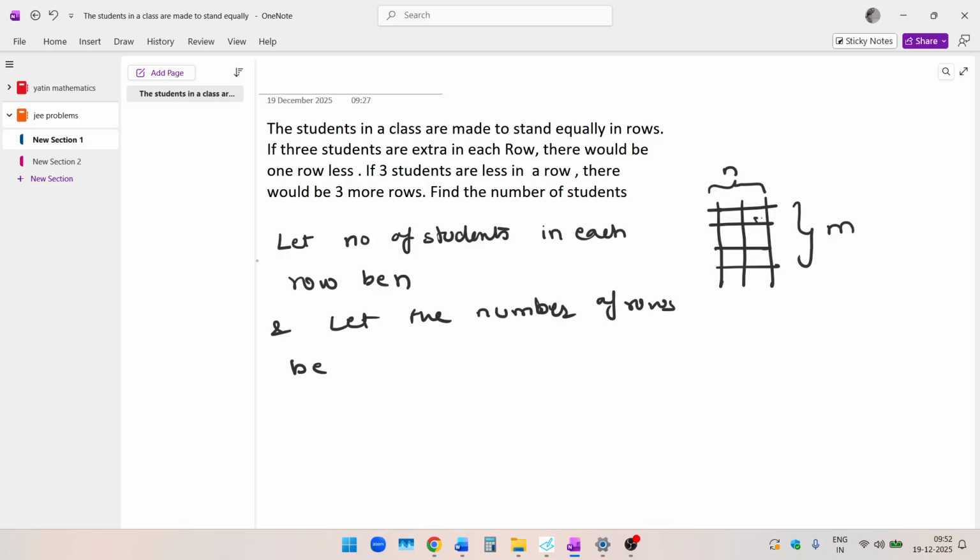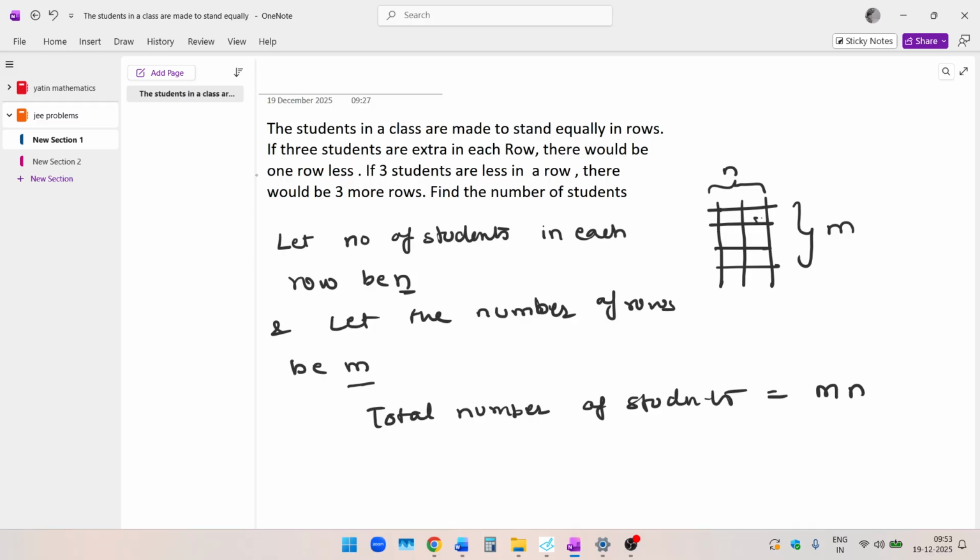Because every row has n students and there are m rows, the total number of students is m into n.